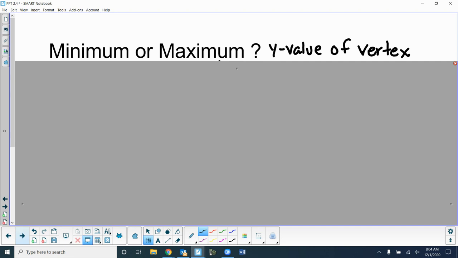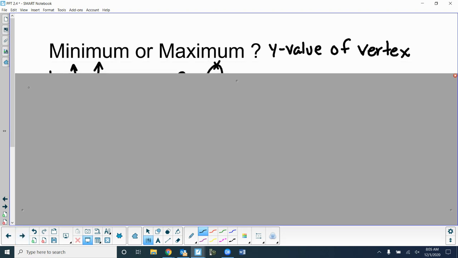Min or maximum value. You have 3 problems like that, like this. Okay. And the minimum or maximum value is the y value of the vertex. What you got to do is figure out the vertex. Whatever the y value is the min or max value. Okay?